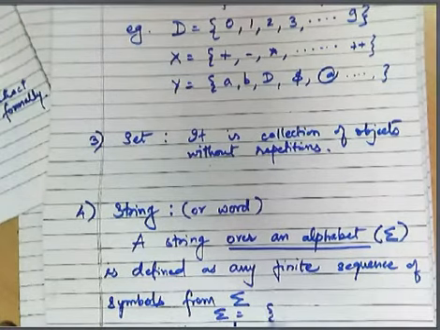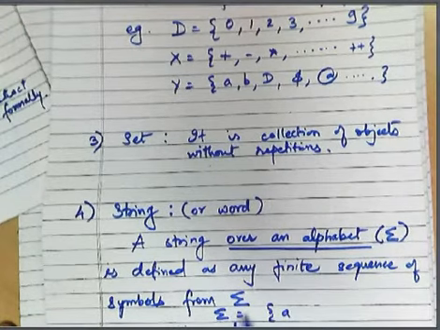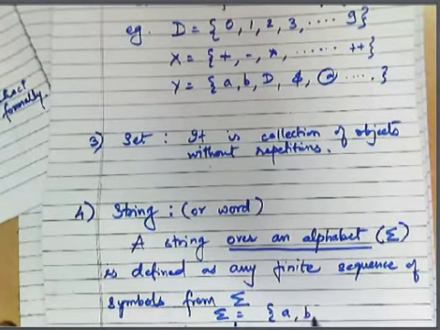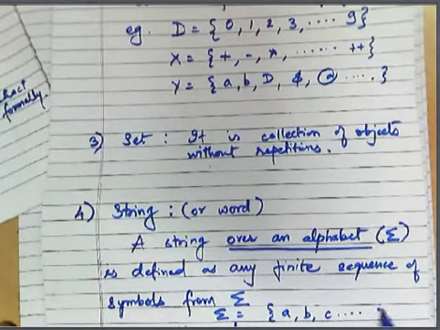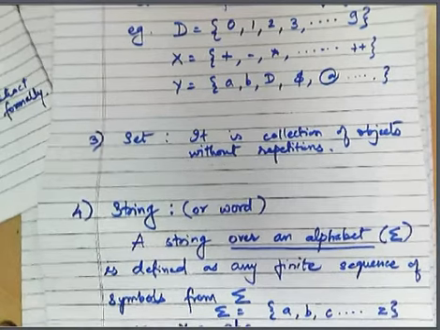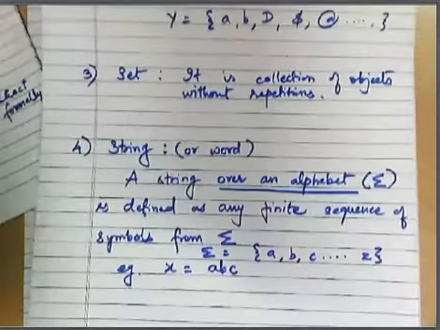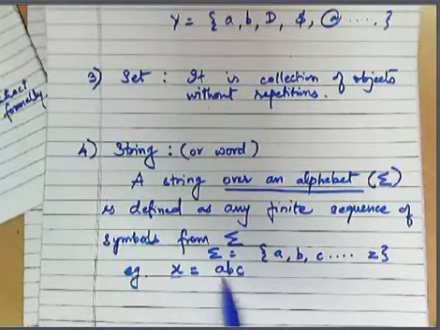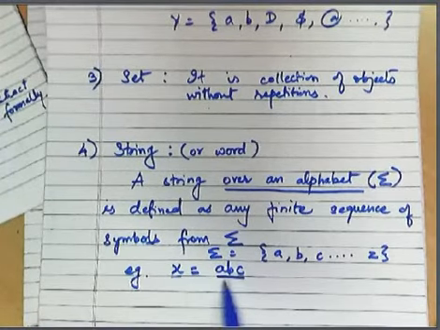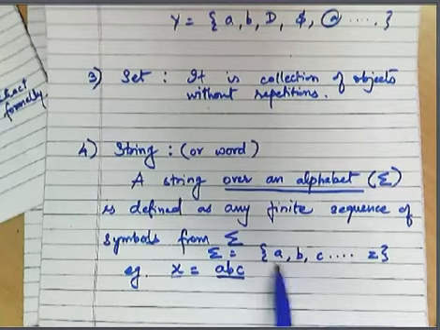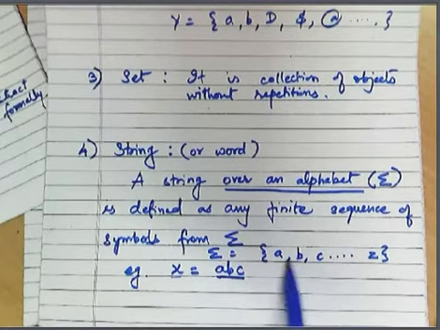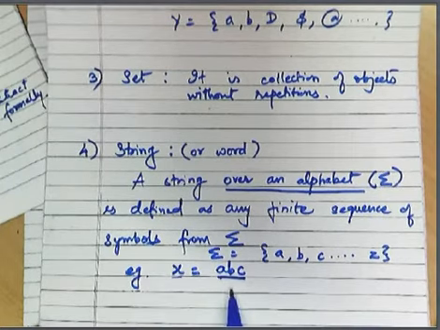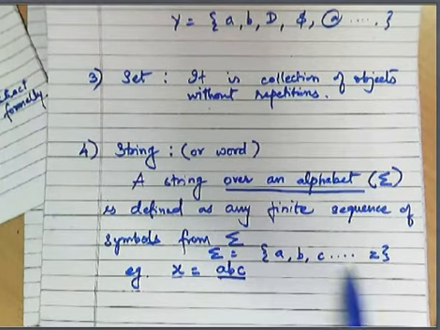Suppose I am having an alphabet which is denoted by A, B, C up to Z. So this is one set. Over this alphabet, I have defined one string which is denoted as X, which is nothing but a collection, with a proper sequence, of the symbols in that particular alphabet. So X is representing a string over an alphabet summation.